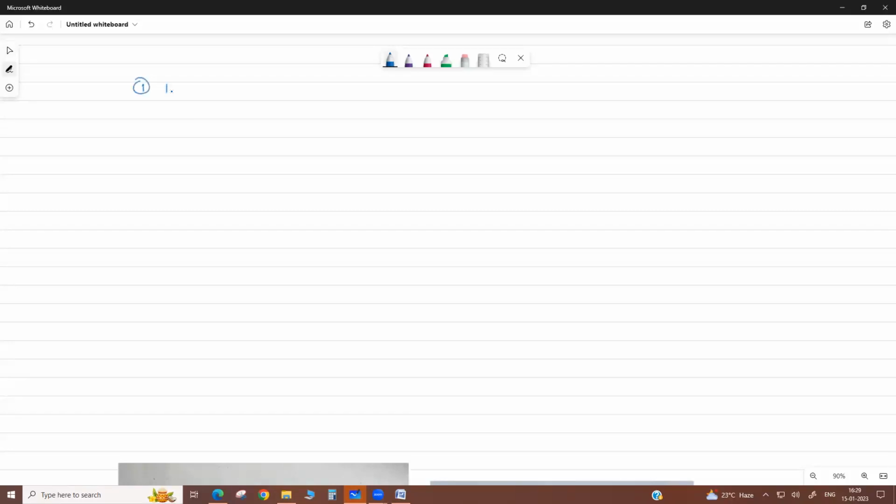First is the rectifier circuit. Then he asked about the amplifier. Please note down. Then the third is the oscillator.